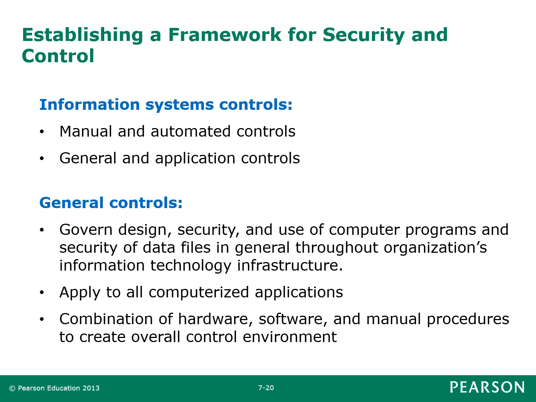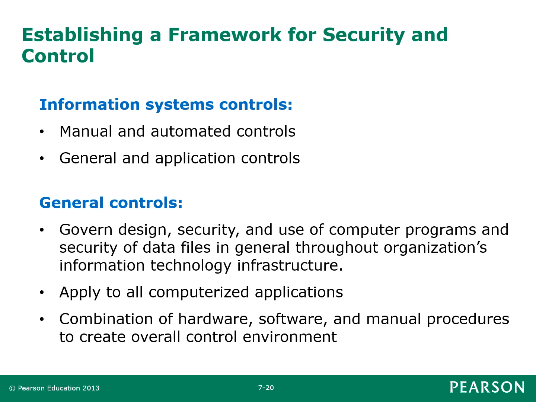Controls used in information systems may be manual or automated. There are two main types of controls: general controls and application controls. Application controls are specific controls addressed to each computerized application, such as payroll or order processing.